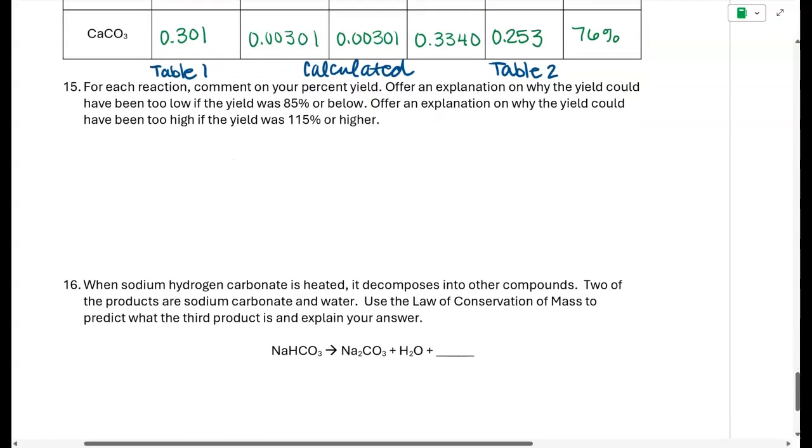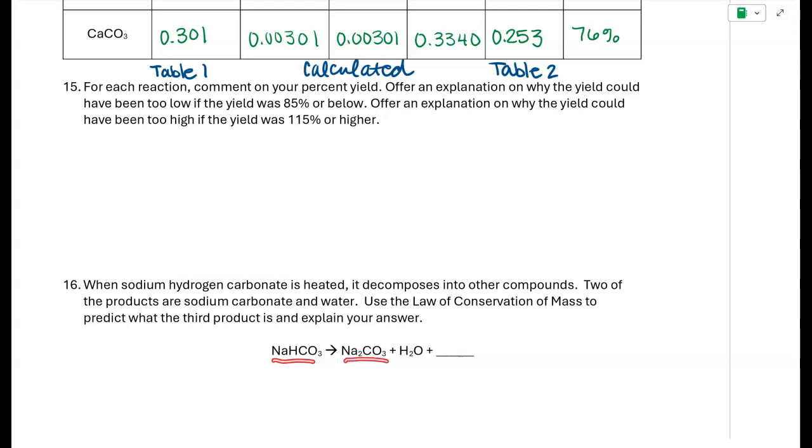And then here we have the sodium hydrogen carbonate. This is one of the things that you can do: if you've got sodium bicarbonate and you heat it in your oven, you'll get sodium carbonate. So this here is baking soda and this is baking powder.